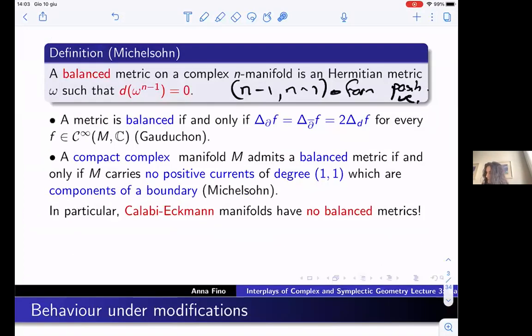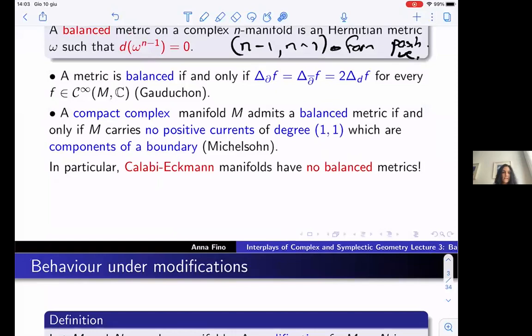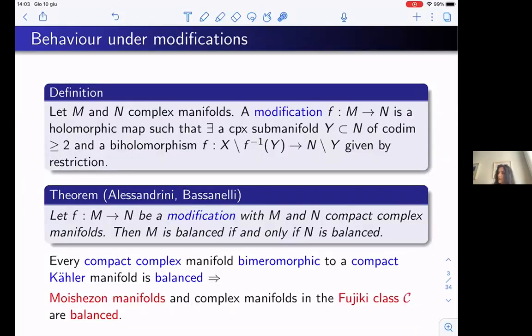So let's see the first type of construction that preserves the existence of balanced metrics, due to Alessandrini and Bassanelli. Essentially, a modification preserves the existence of balanced metrics. Let me review what a modification is. It is a holomorphic map between two complex manifolds such that there exists an analytic subset in N, of codimension bigger than or equal to 2, and the map is a biholomorphism outside this subset and its pre-image.